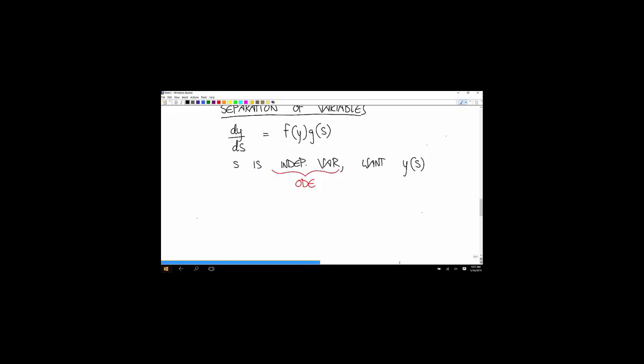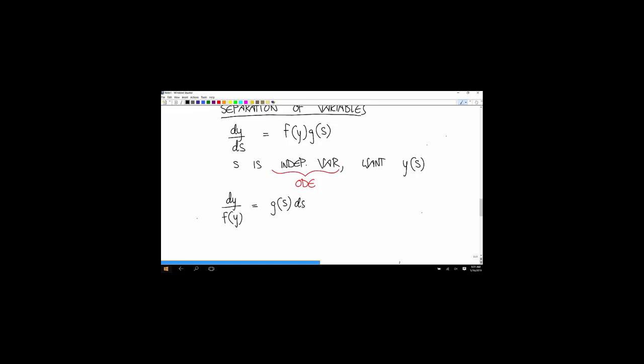Which means we'll go dy over f of y is equal to g of s ds, okay?